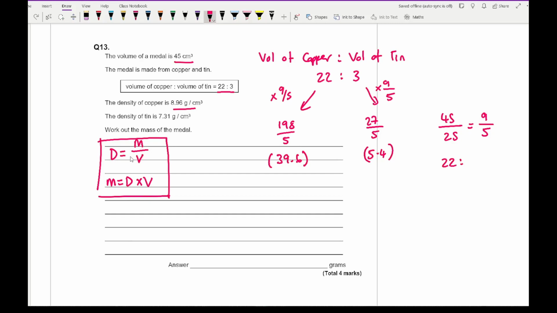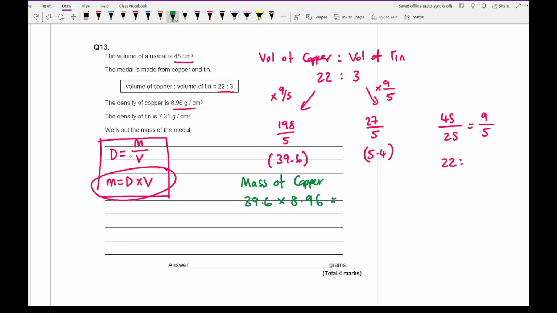So I now know the density, so I'm going to use this formula to work out the mass of the medal. Let's work it out separately. So here the mass of copper is going to be 39.6 multiplied by the density, which is 8.96.